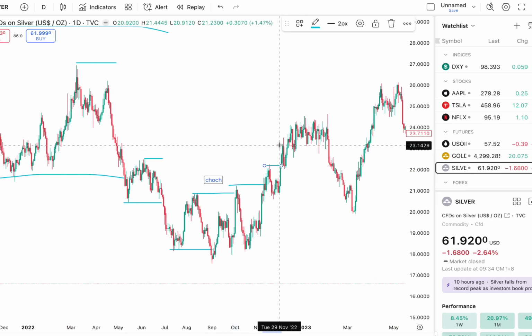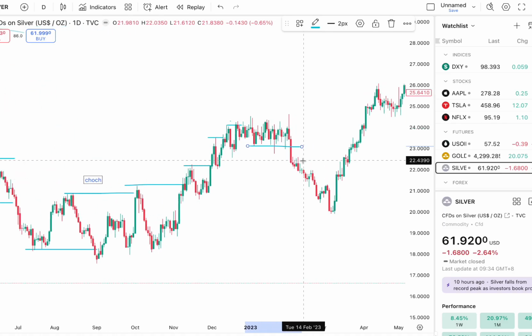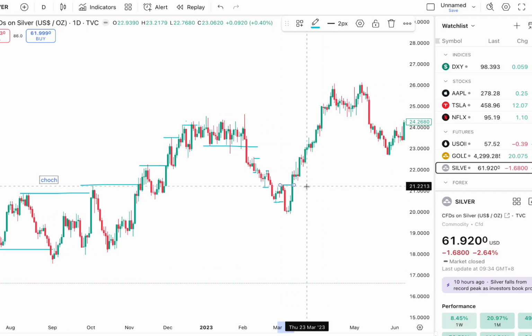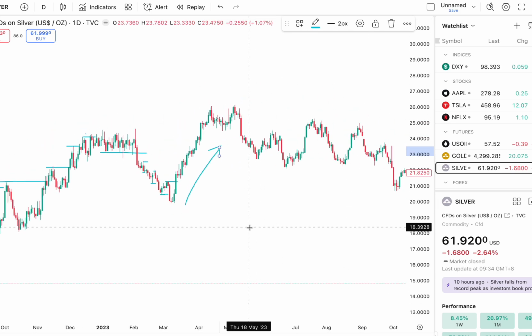Look how price starts making higher highs from this point onwards. We get a CHoCH there, a little bit of downside, making lower lows and lower highs again. And then look guys, high gets taken out, the CHoCH, upside. So yeah, it's extremely powerful.